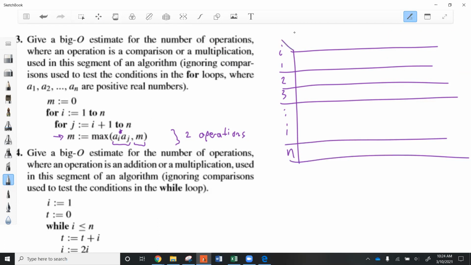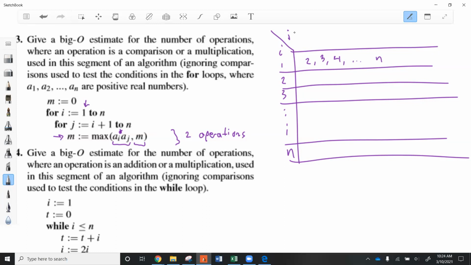So when i equals 1, j is going to start at 1 plus 1, which is 2, and then it's going to go up until it gets to n, right?